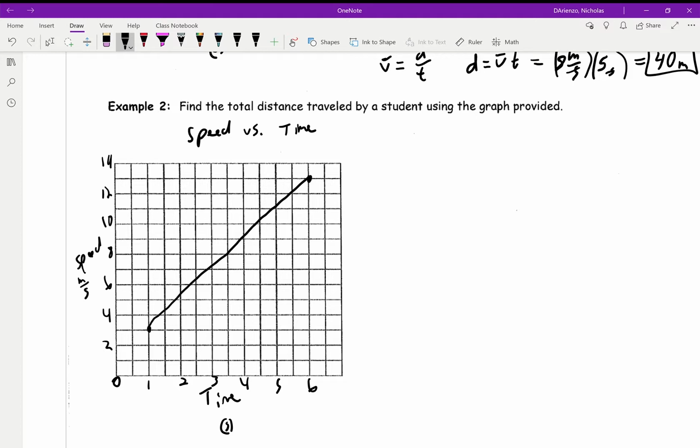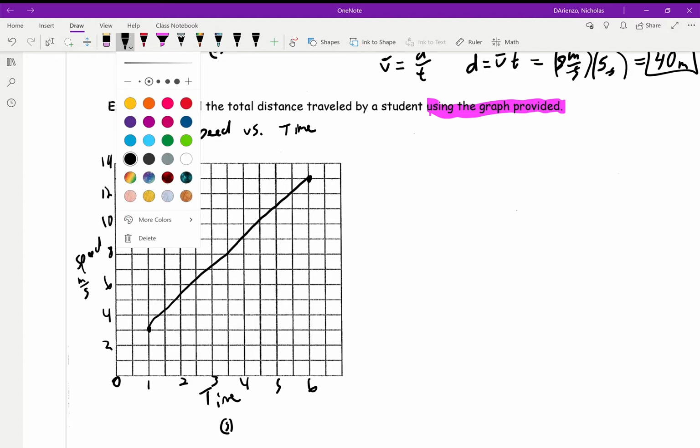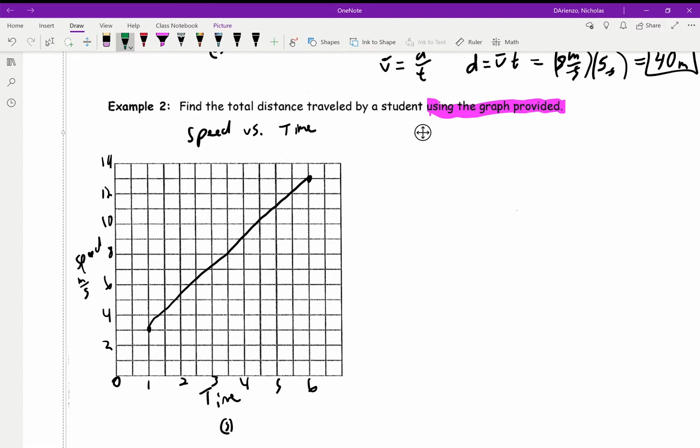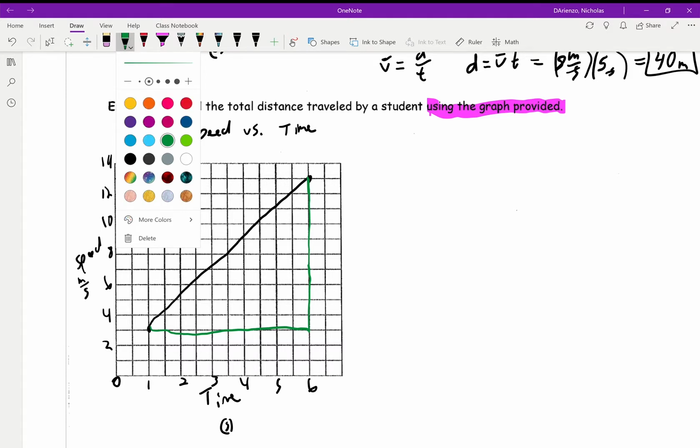Now, in order to use the graph provided, so we're going to do this graphically, we can break this up into a couple different shapes. The distance traveled by this object is going to be equal to the distance under the curve, or under the line there.